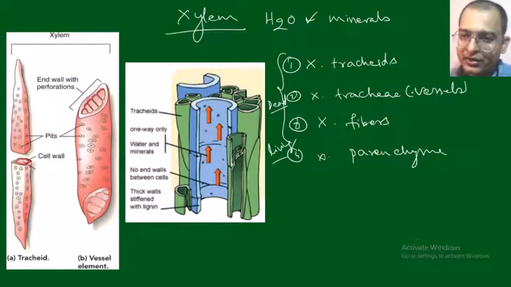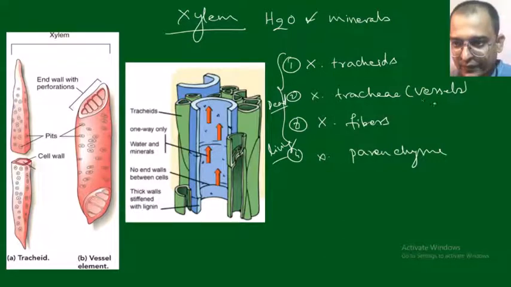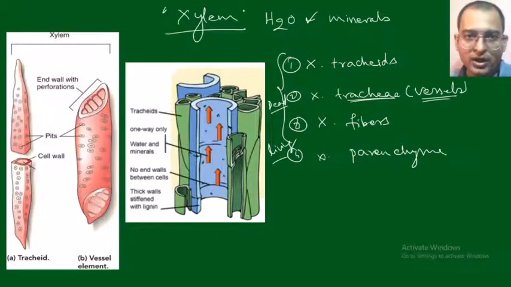Tracheids and trachea, both of these are dead. Trachea sounds like, in humans we have the trachea, which is the windpipe. In the case of plants, this trachea is nothing but the water pipe. When we look at the detailed structure here, this blue one appears like a pipe.